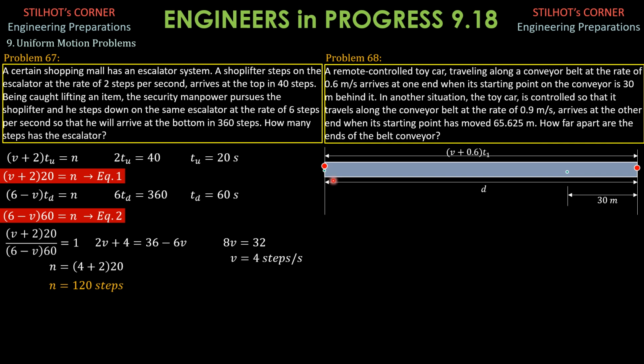So this is the starting point, and the starting point arrives here due to the speed of the escalator, and that distance is V times T1.